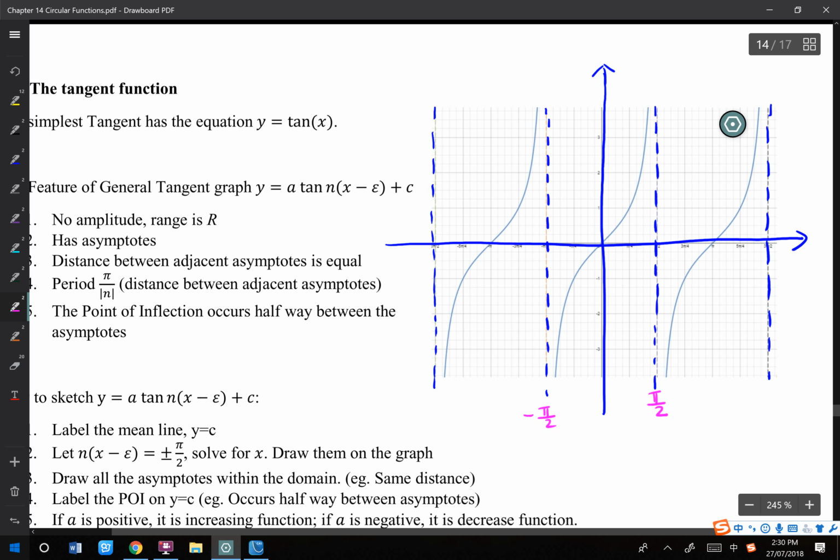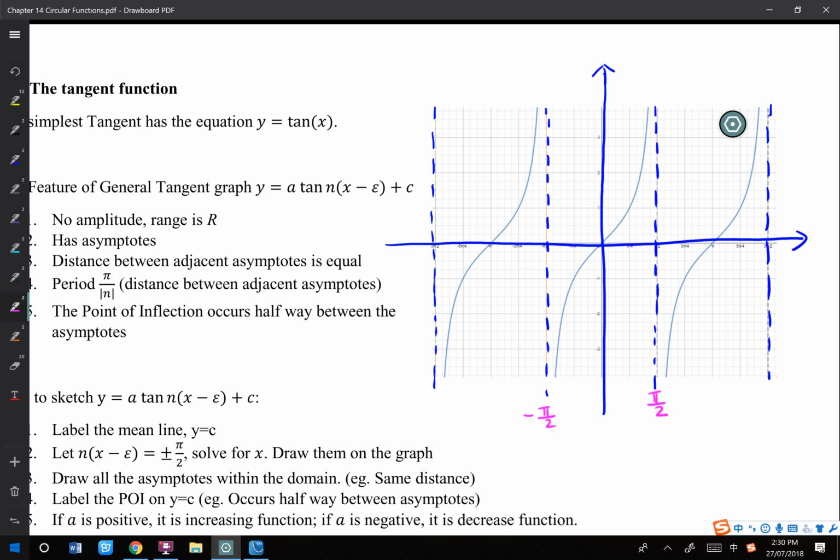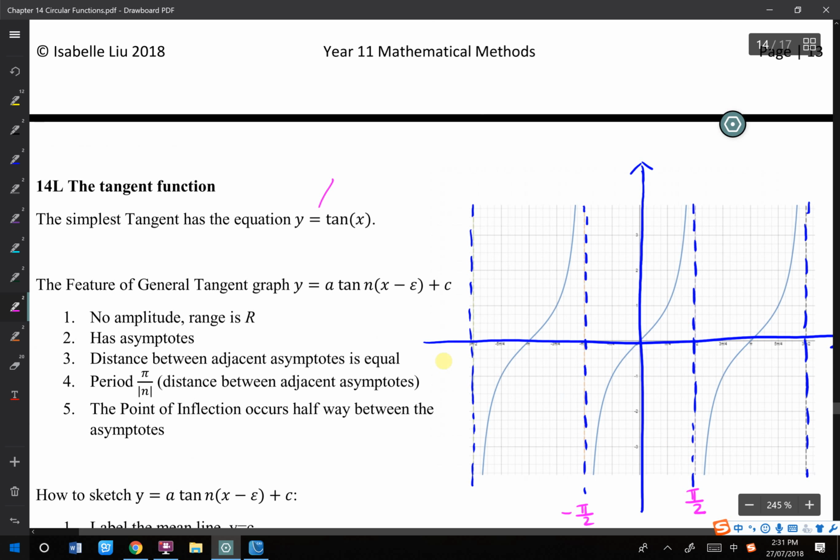So what we can see is the distance between any two adjacent asymptotes is the same: pi, pi, pi, and you repeat again. So the period for pure tangent x equals pi.